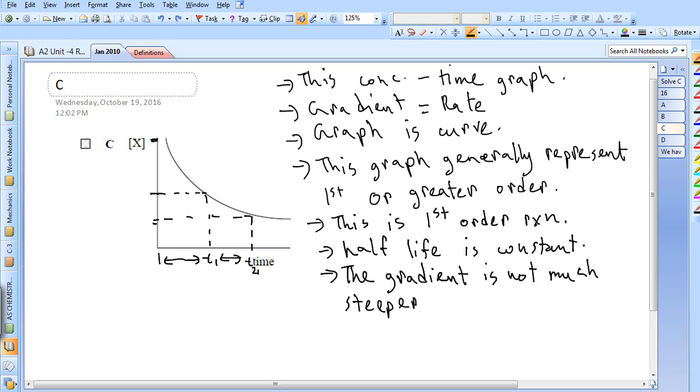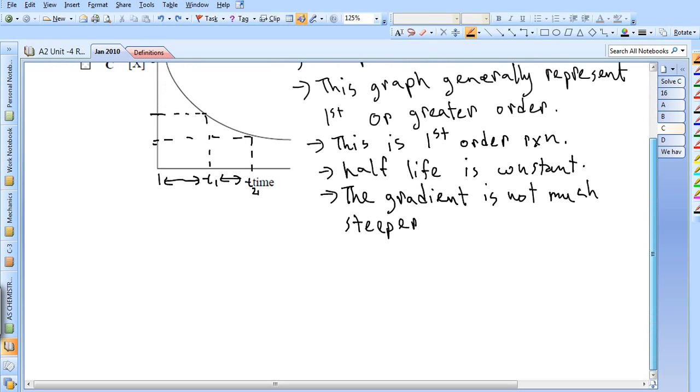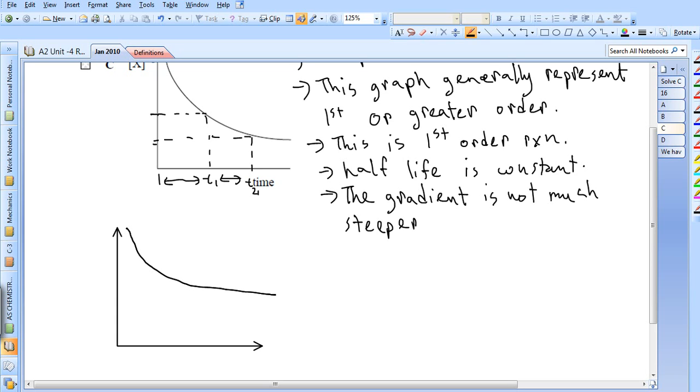Let us check what the graph will be for greater order. This is the graph for first order. Sorry, my drawing is not good. This would be the graph for second order, and this is the graph for third order, and this goes on and on.